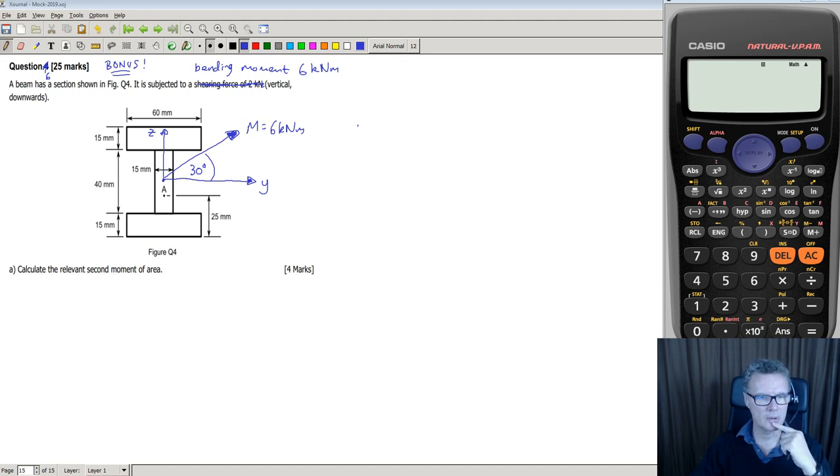Right, so the things that we need to do then would be to find the second moment of areas for IYY and IZZ.